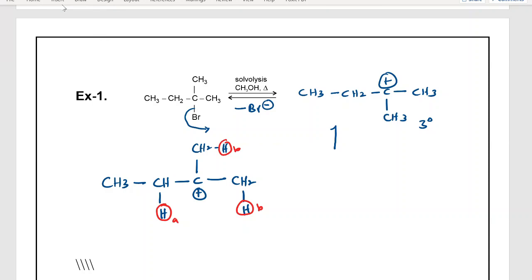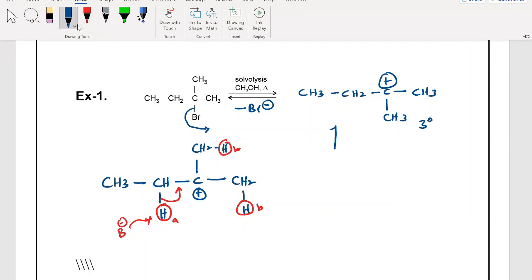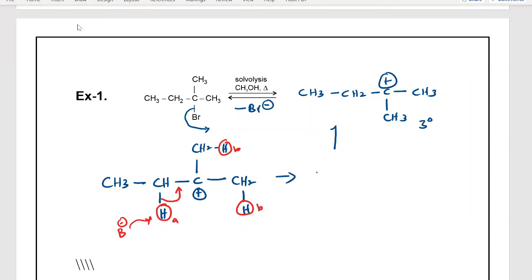Let us see if the base abstracts this hydrogen, then what product will we get? Tell me. The product is CH3 CH double bond C CH3.